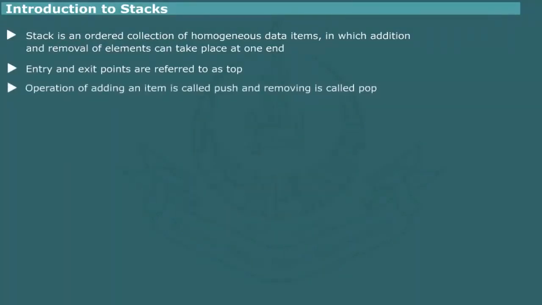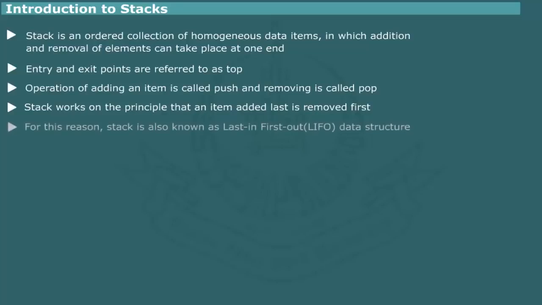The operation of adding an item to a stack is called push, and that of removing an existing item is called pop. Clearly, a stack is a dynamic data collection which works on the principle that an item added last is removed first. For this reason, a stack is also known as last in, first out, LIFO data structure.